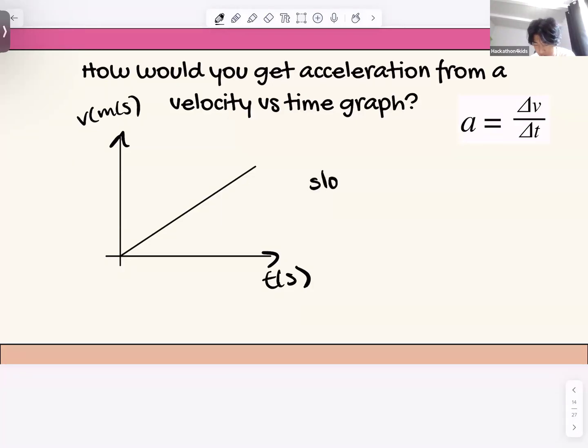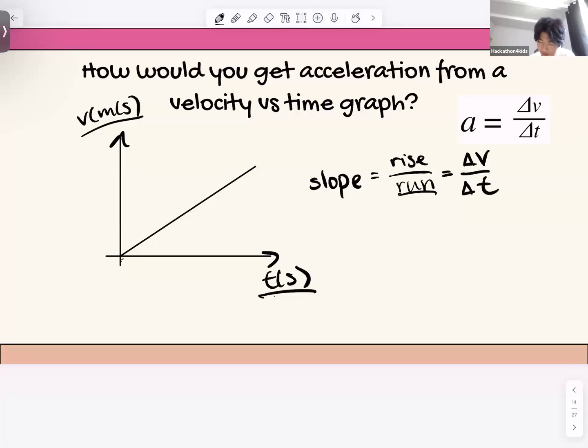Slope equals rise over run, right? What is the rise here? It is velocity. Change in velocity. What is the run here? It is time, right? It is change in time. Oh, what does that look like? Oh, that looks like acceleration, right? That looks like acceleration. Okay.